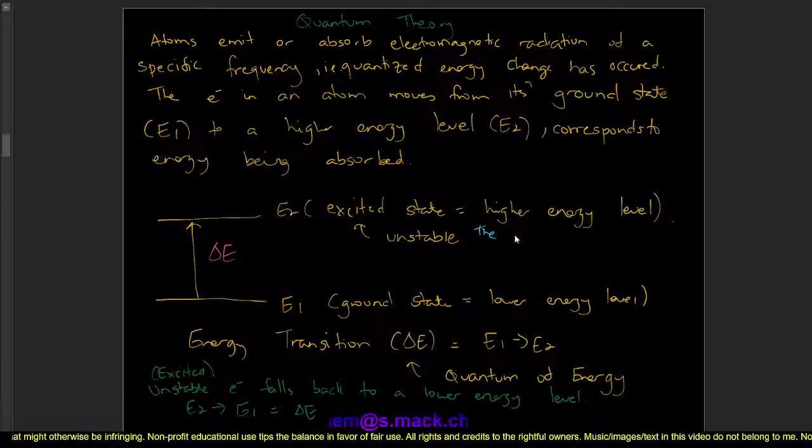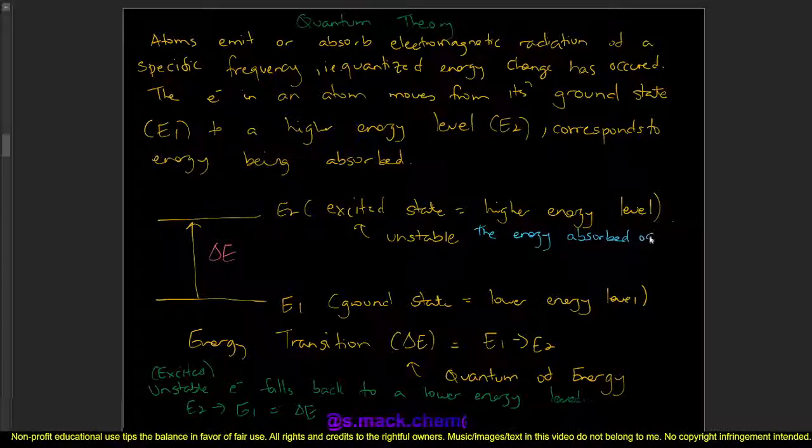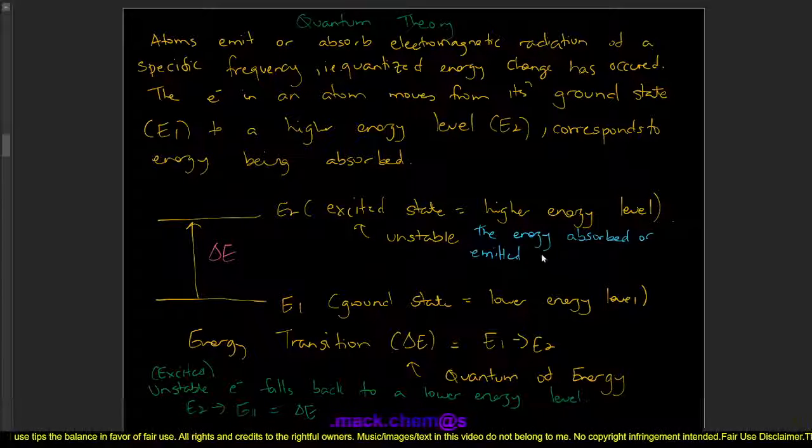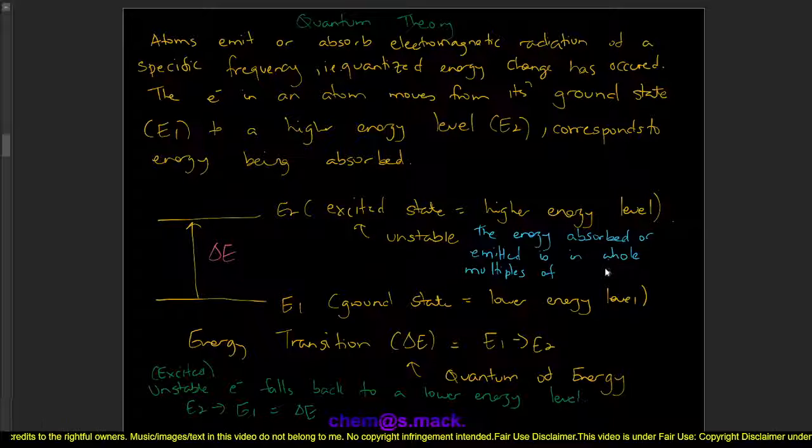Right, so the energy absorbed or emitted is in whole numbers or whole multiples of this quantum of energy. Right, so that means if we have a quantum of energy, and I'm just calling it that little triangle with the E, I want to state what this means.